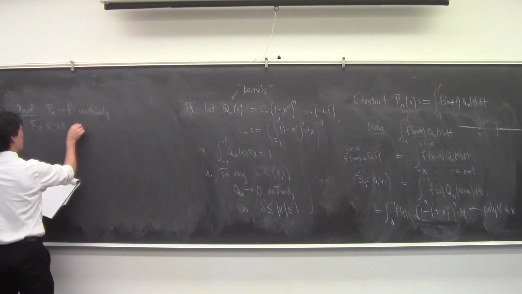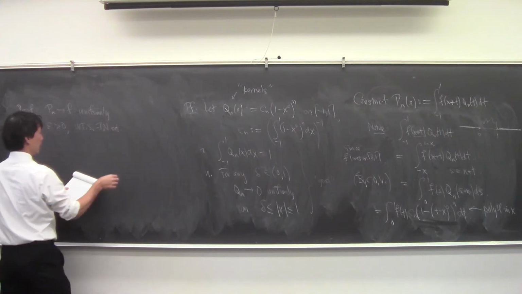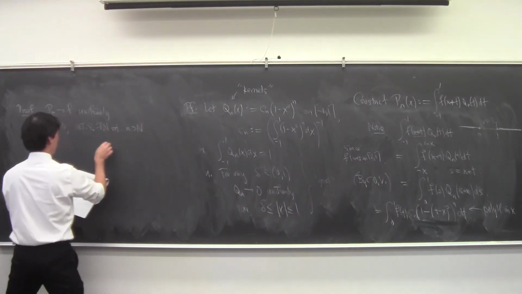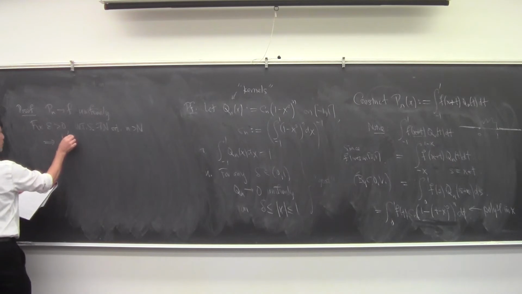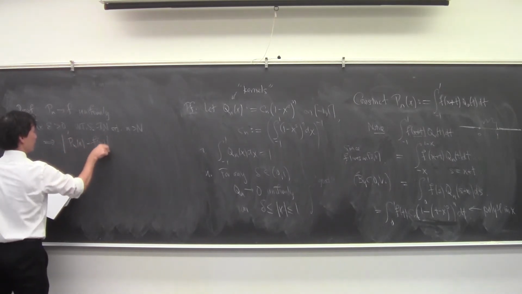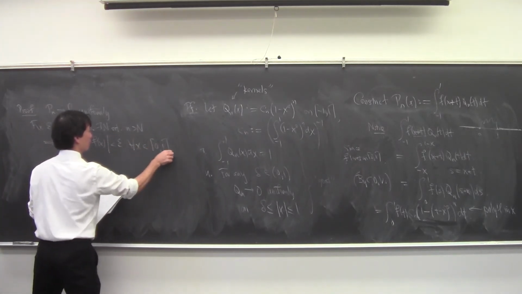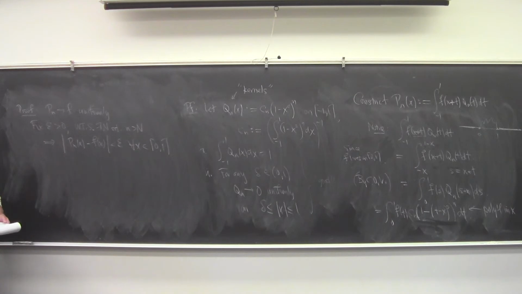We want to show that there exists an N such that n bigger than N implies that P_n(x) minus f(x) is smaller than epsilon for every x in our domain.